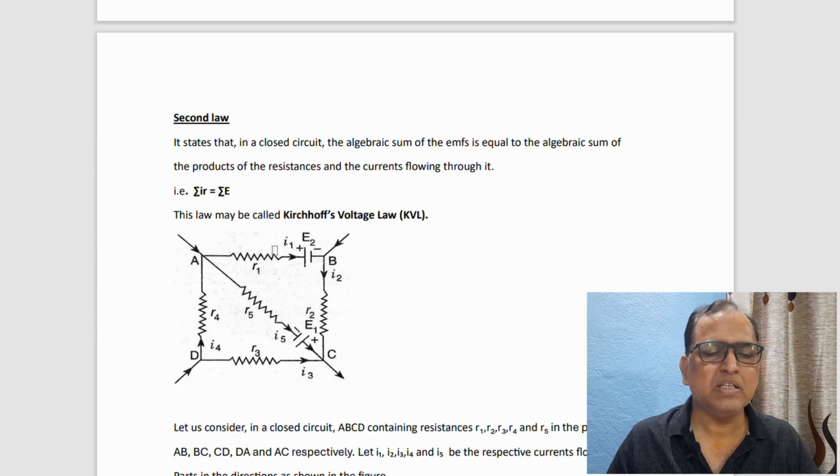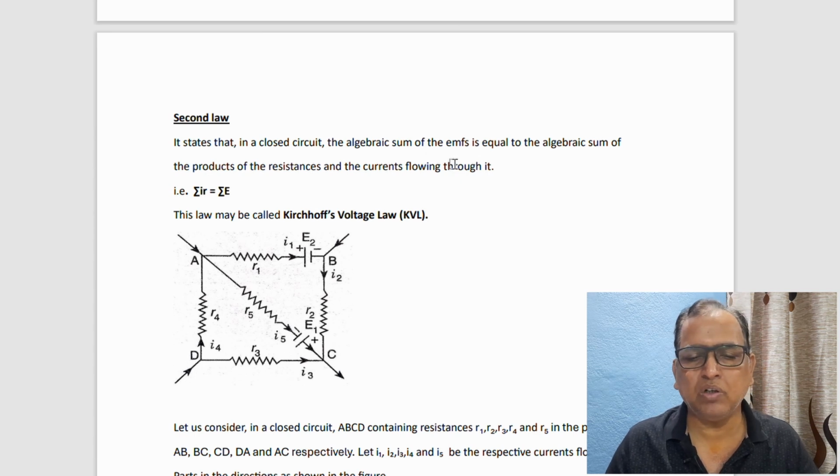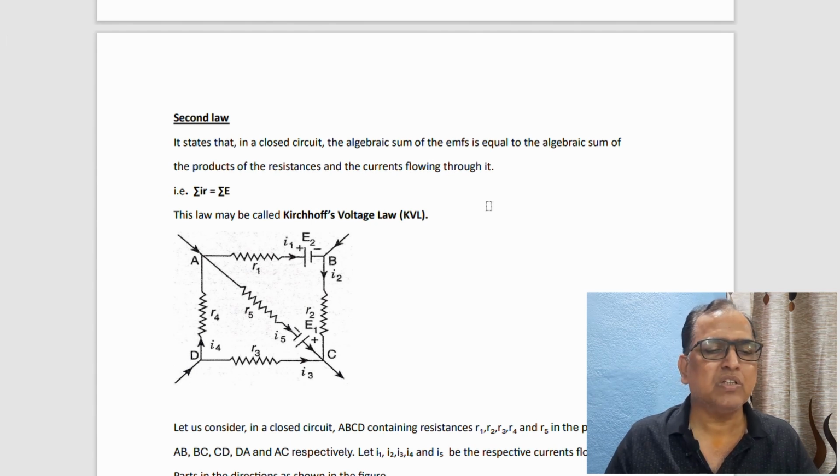What is the second law? The second law states that in a closed circuit, the algebraic sum of the EMFs is equal to the algebraic sum of the products of the resistances and currents flowing through them.